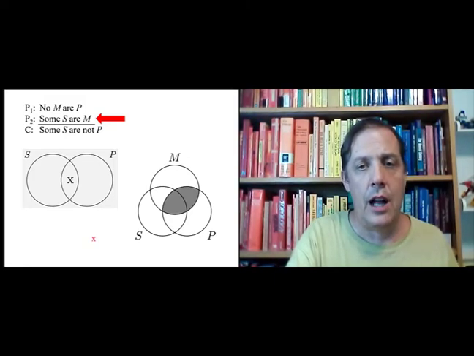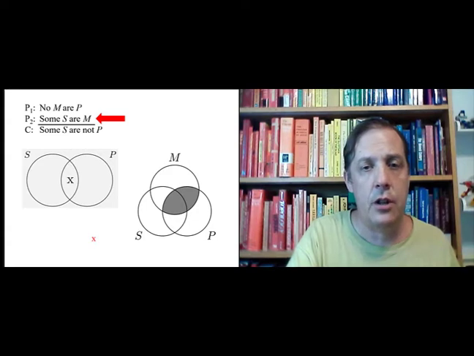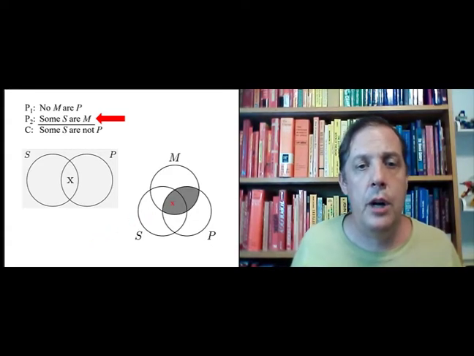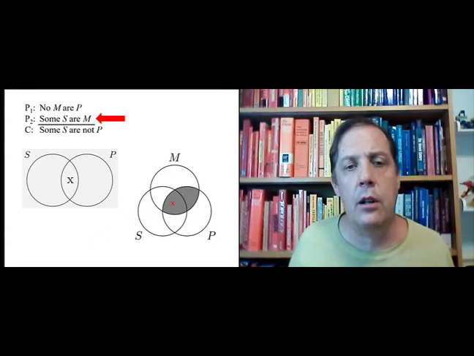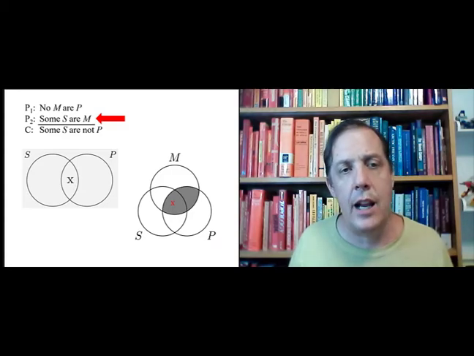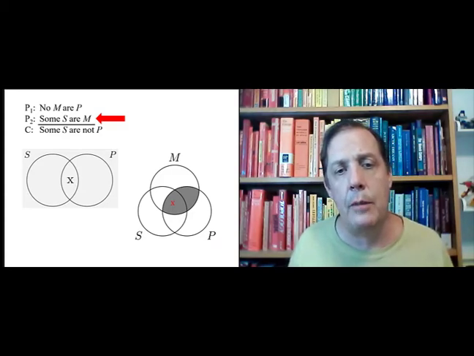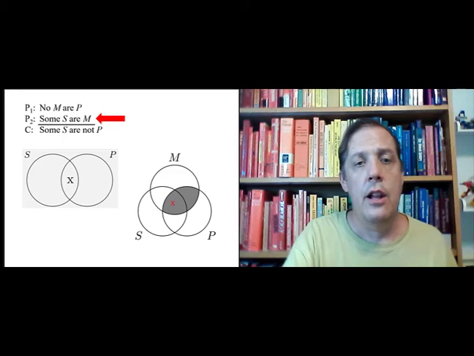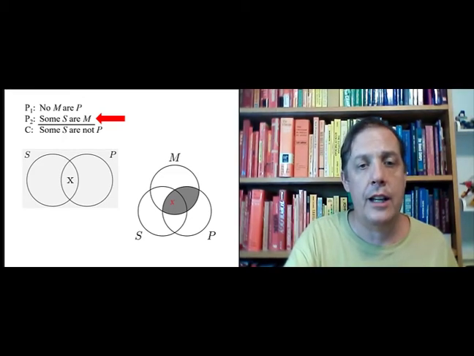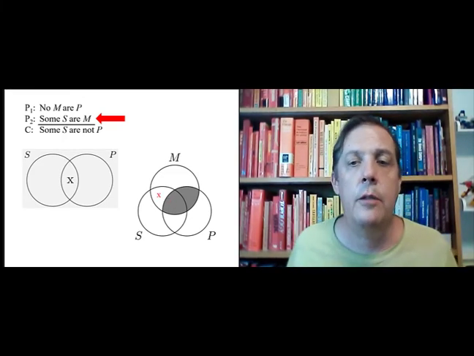So here's our little X. We can try putting it in the center, right? But that means that it winds up in an area that's been grayed out when we did our first premise. So that's not allowed. That means that it has to be over here, right?